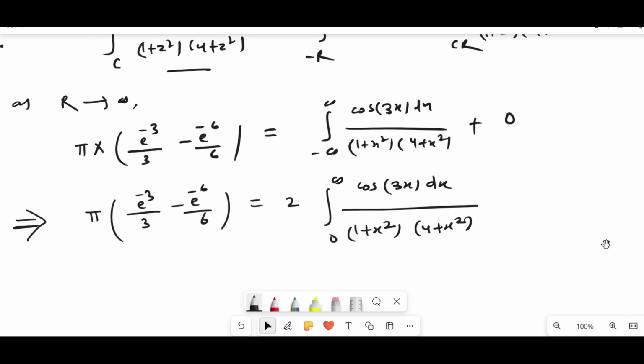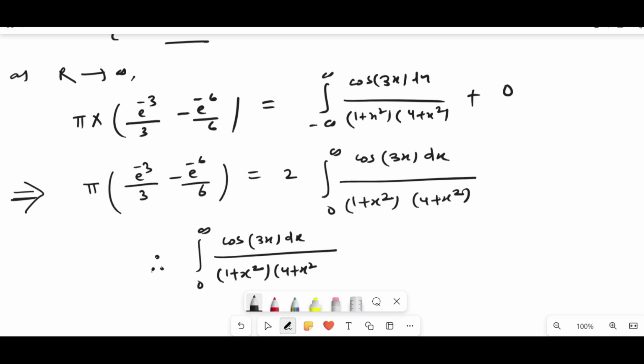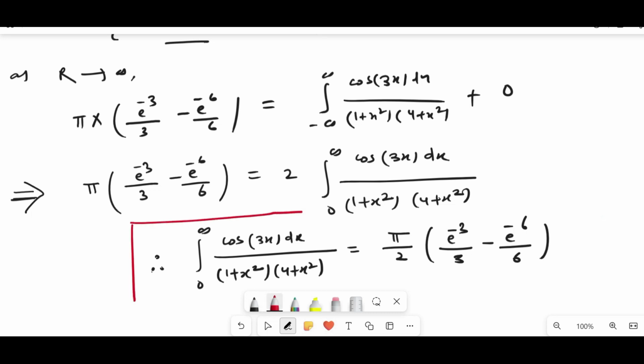So finally we can write that the value of the integral 0 to infinity cos 3x dx over (1 plus x square)(4 plus x square) is equal to pi by 2 times (e to the power of negative 3 over 3 negative e to the power of negative 6 over 6), and this is our required final answer.